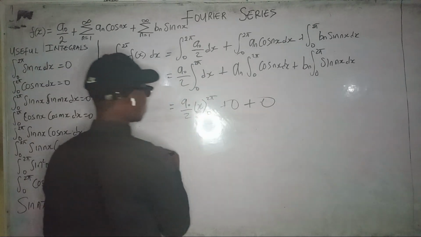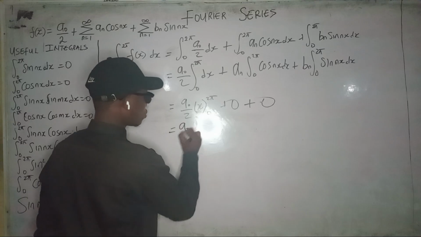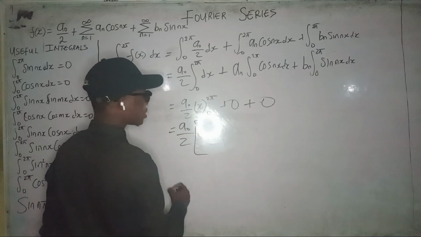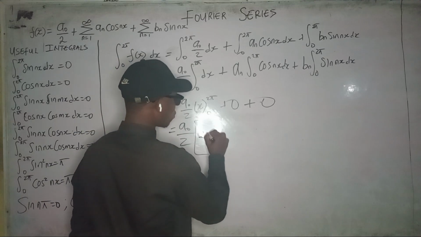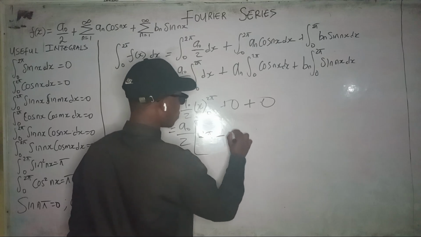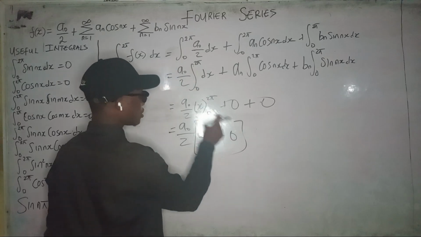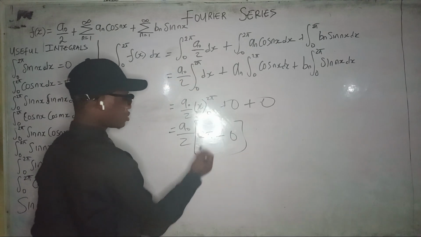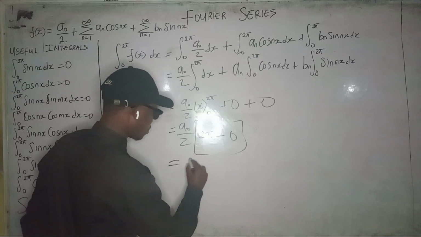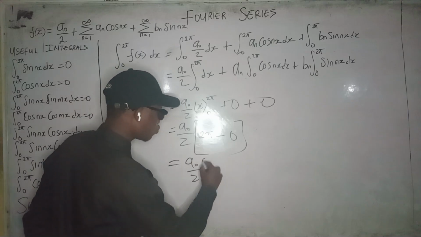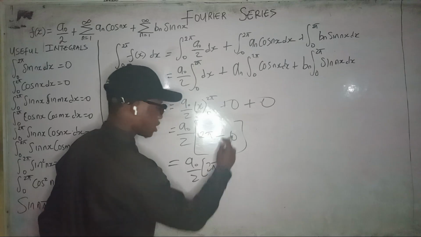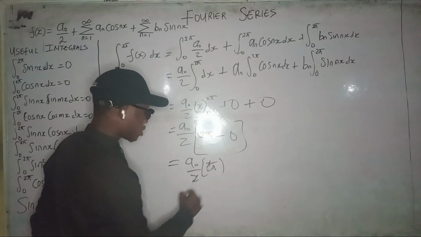So we can just continue this. We are going to have a naught over 2 into bracket 2 pi minus 0. That is 2 pi here and 0. So here the 2 cancels 2.